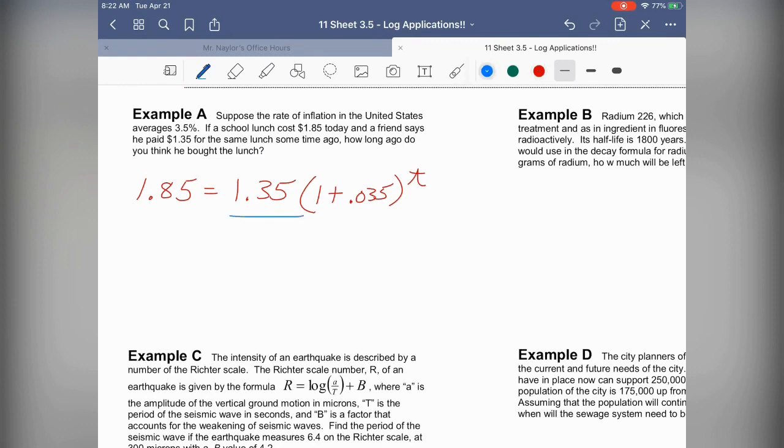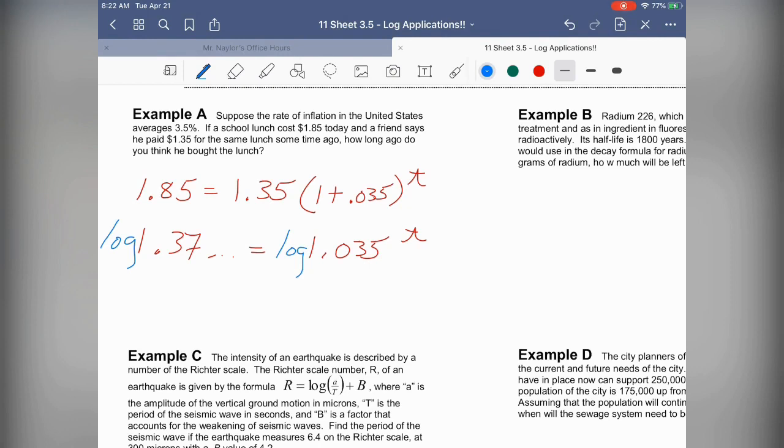I hope that you would divide by 1.35. When you divide by 1.35, you do get about 1.37. I always tell the students, just leave that number on your calculator, because what's coming up next is you're going to slap both sides with a log. And so when you do the log of both sides, you already have that number on your calculator.